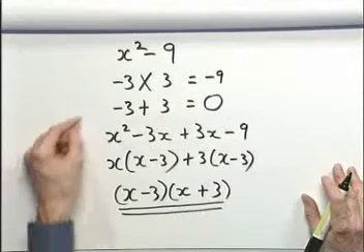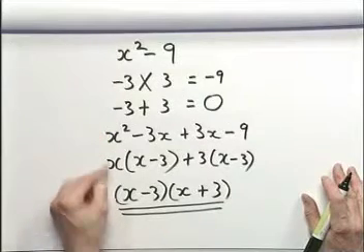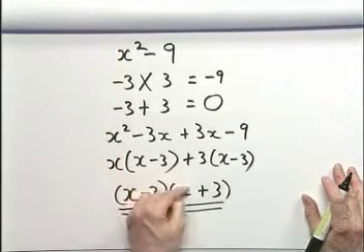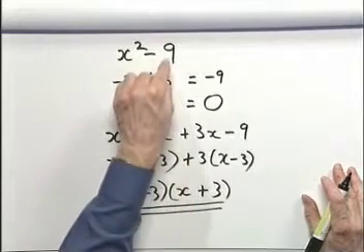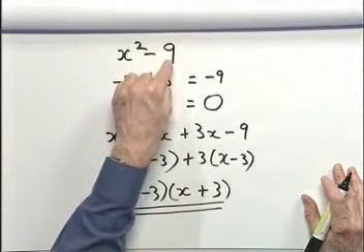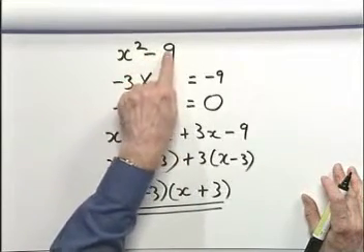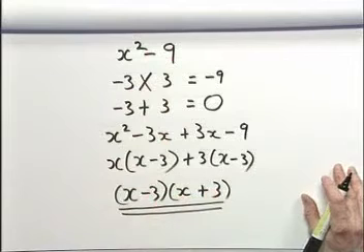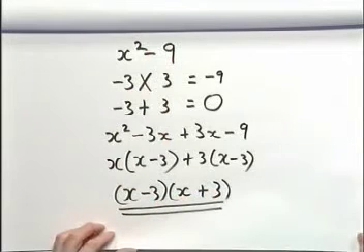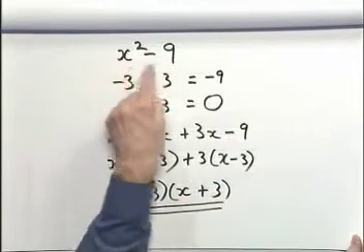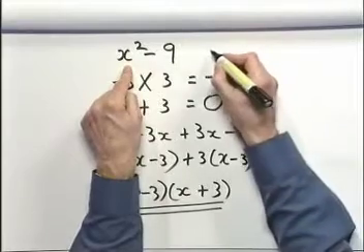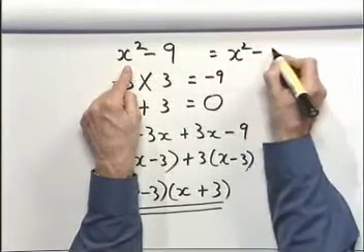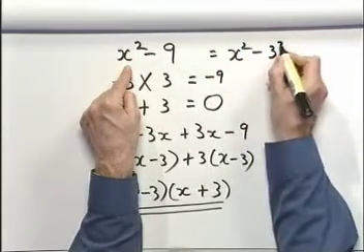Well, if we compare this with this, not only is this x squared that we get, x times x, but this 9, forgetting the minus sign for a moment, is 3 squared, 3 times 3. So in fact, this expression could be rewritten as x squared minus 3 squared.